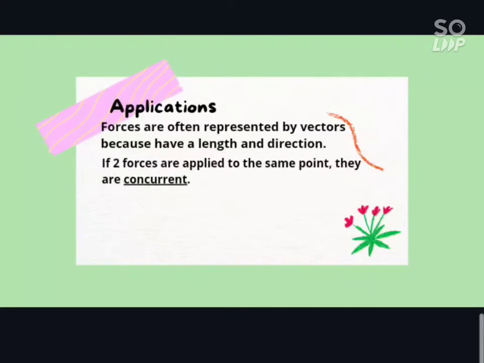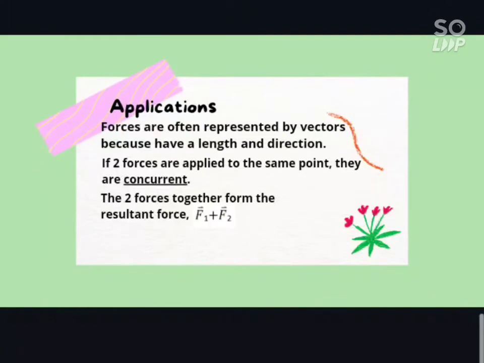Concurrent is a term you may have heard in physics. For concurrent forces applied to the same point, we are interested in the resultant force, which is the sum of the two forces applied to the same point.